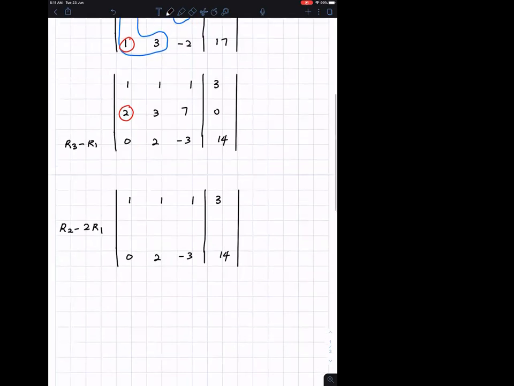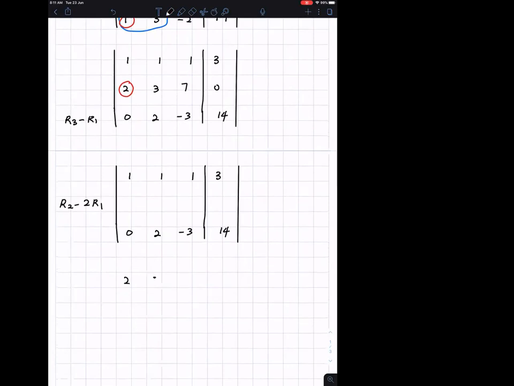Row 2 is 2, 3, 7, 0. Then 2 times row 1 is 2, 2, 2, 6. Then you subtract.